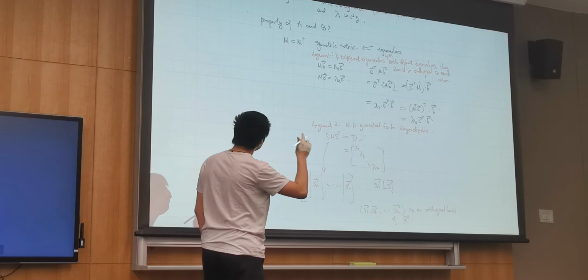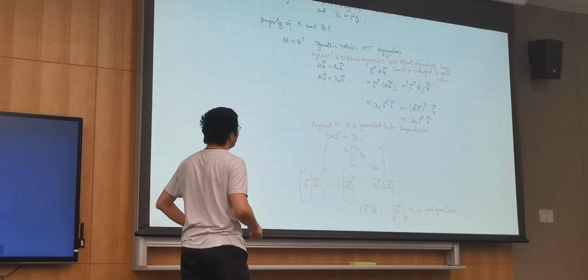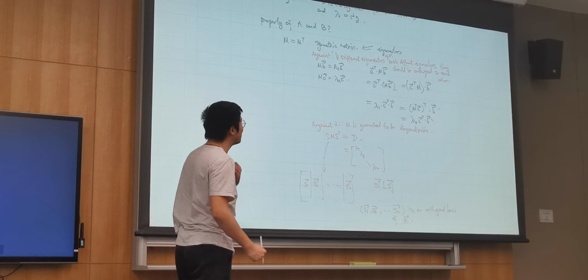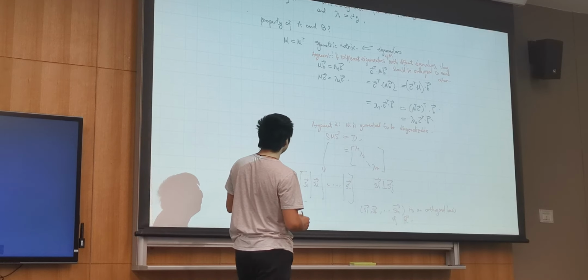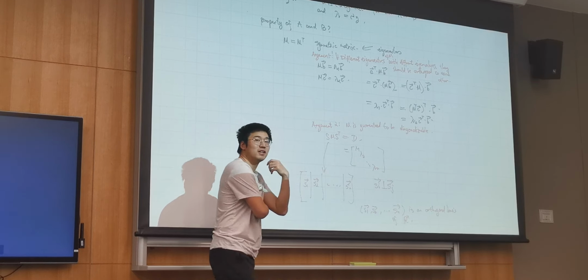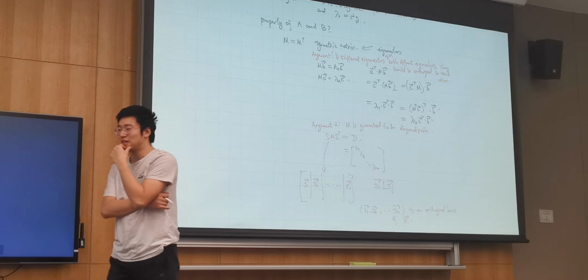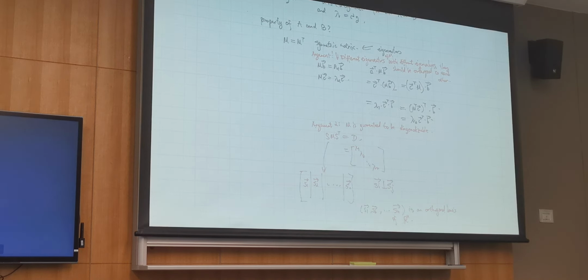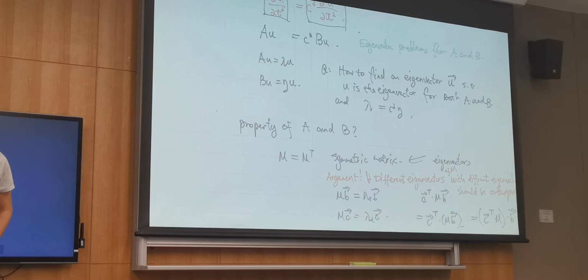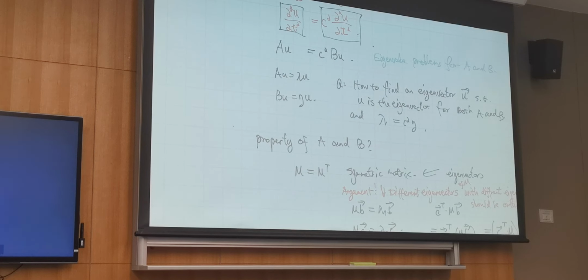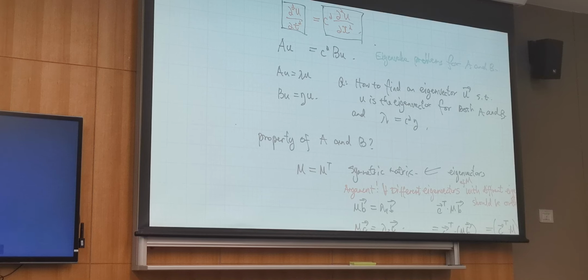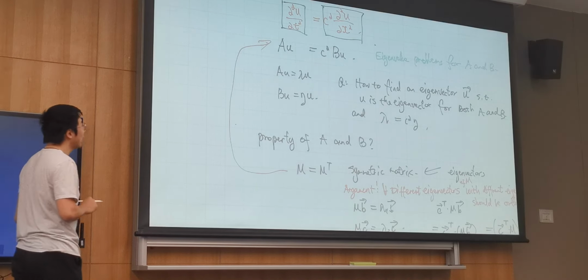Okay, so you see, the property of A and B, and then I very abruptly jumped to a new topic, right? That my M is a symmetric matrix, such that my M equals to M adjoint, or M actually equals to M transpose, right? And why did I do that? Well, the reason is that the same property applies here, okay?